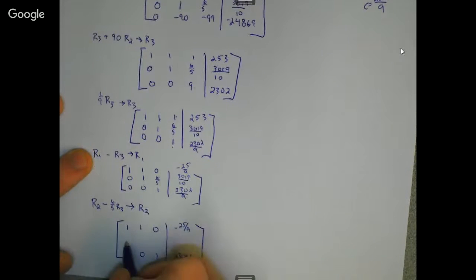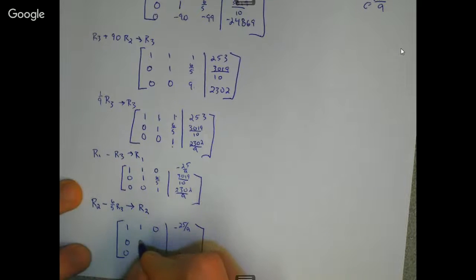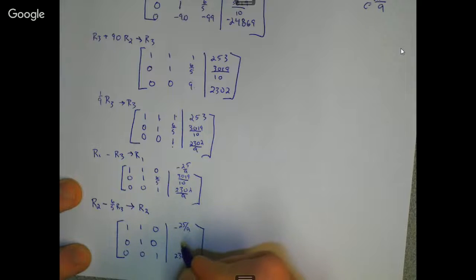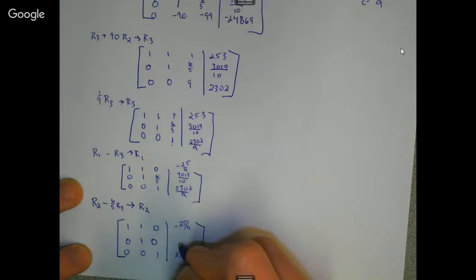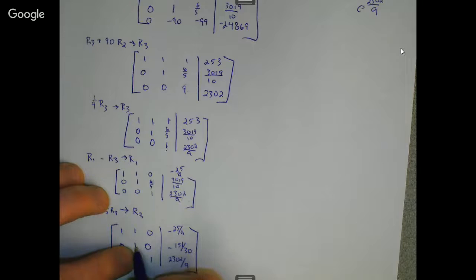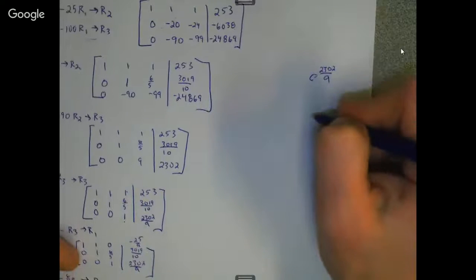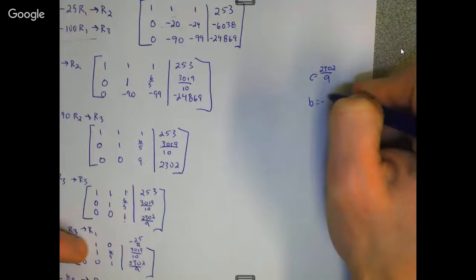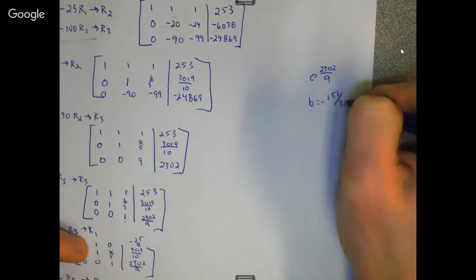Okay. And row 2 will now become 0, 1, 0, after you multiply this. And this is real tricky here. This becomes negative 151 over 30. Okay, so notice I got what B is. So I'll come back over here and put B equals negative 151 over 30.